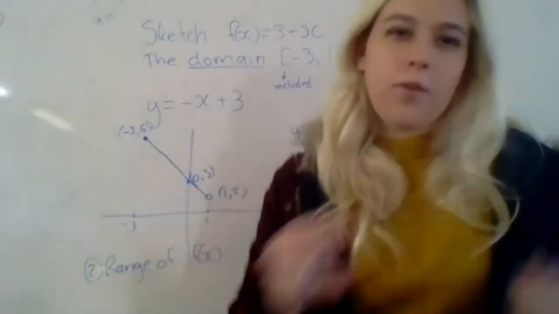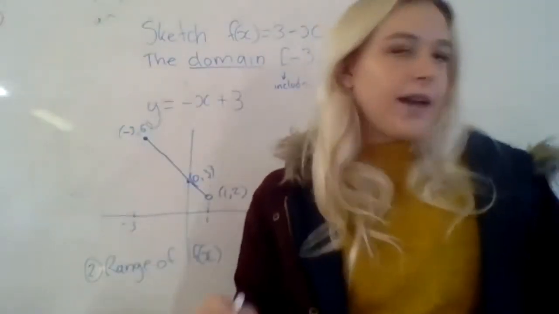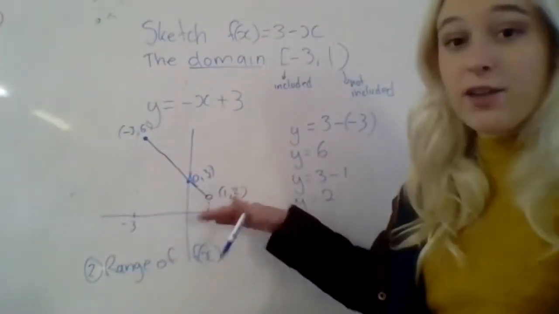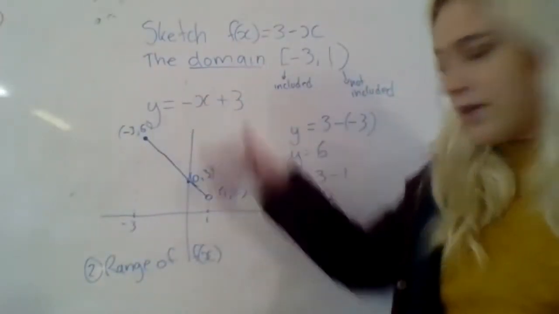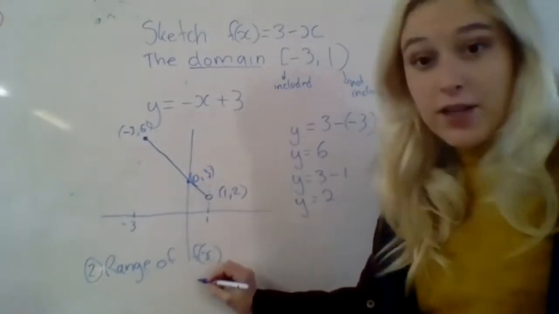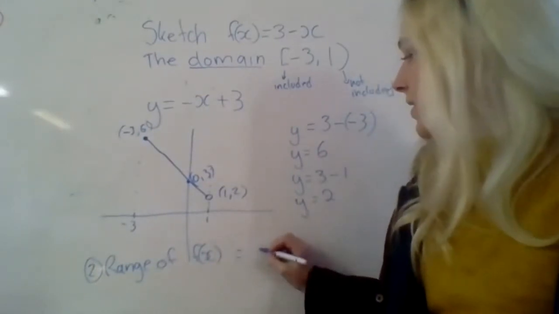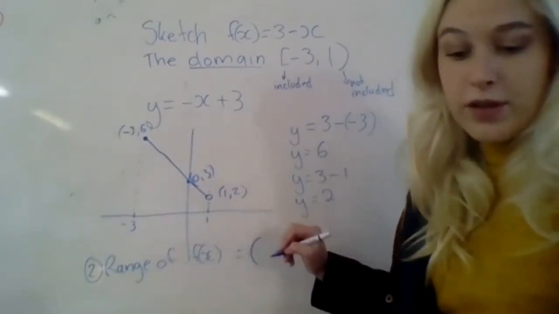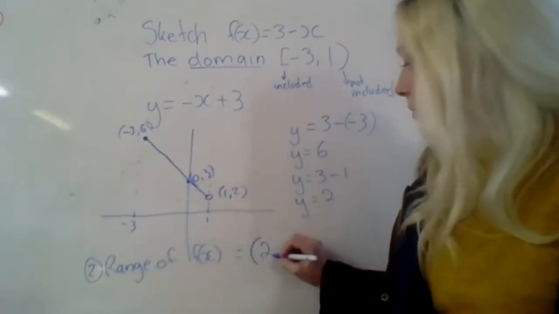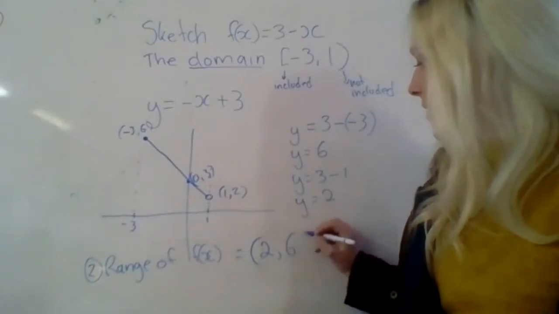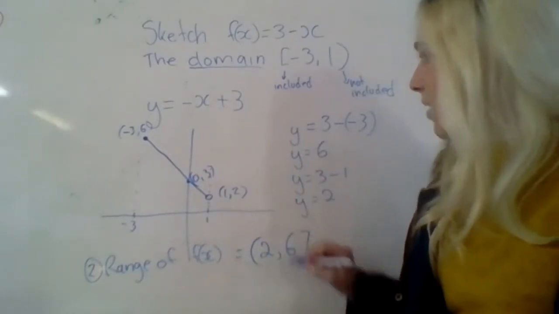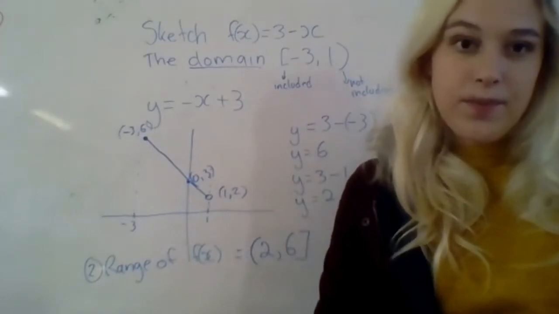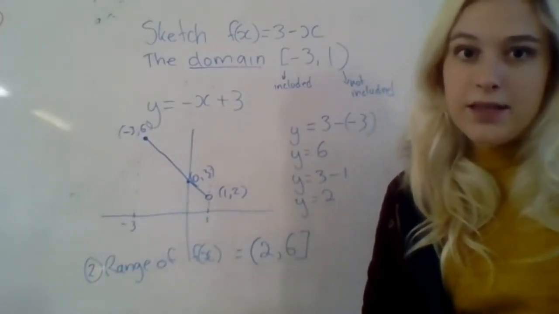So we always go from 1 to 6 or from -3 to 2. So here we're going to be starting with 2. So our y values go from 2 to 6. So our range of f of x is equal to, now remember, we don't include our 2, so it's a round bracket, from 2 to 6, and 6 is now in a square bracket, because that is included as part of our diagram.